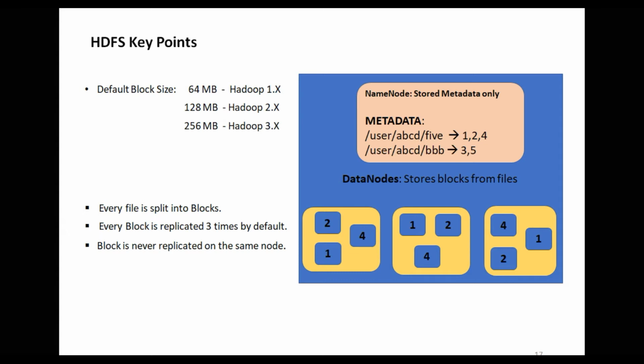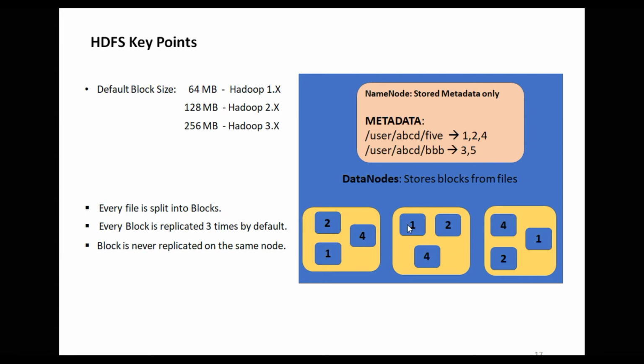You can see on the right side, for example, block 1. Block 1 will be on different data nodes, not on the same data node: first copy, second copy, third copy, right? And block 2, first copy, second copy, third copy. Same way block 4, first copy, second copy, third copy.